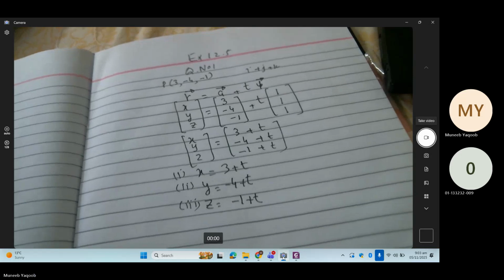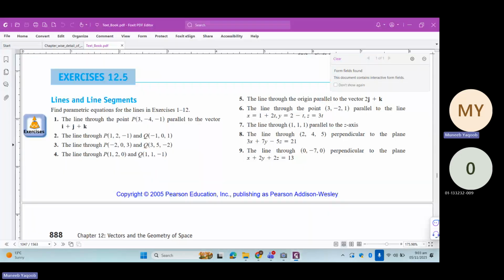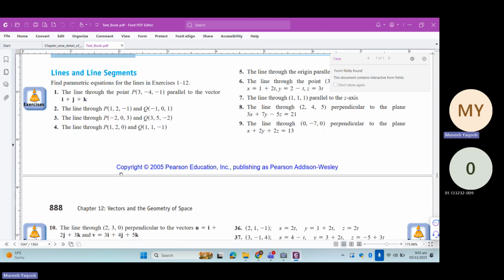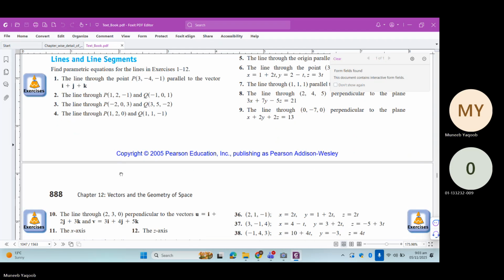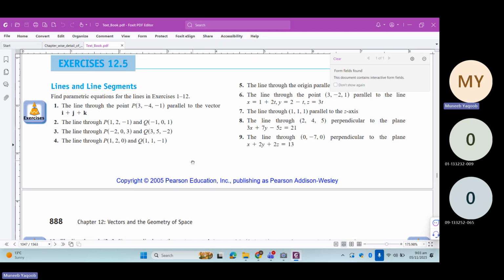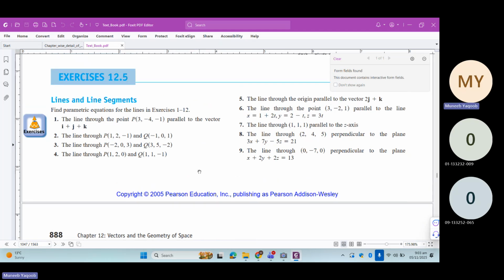Okay, so that was question number one, and from question number one till question number 12, I guess everything is basically about calculating the vector equation and the parametric equations.